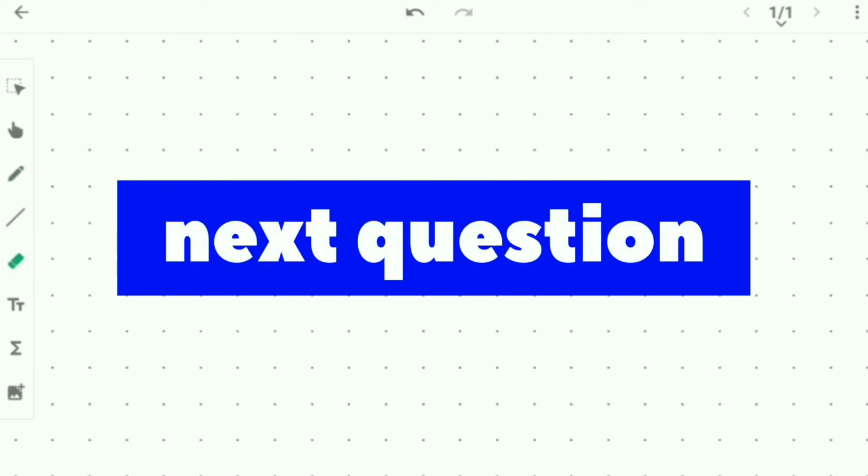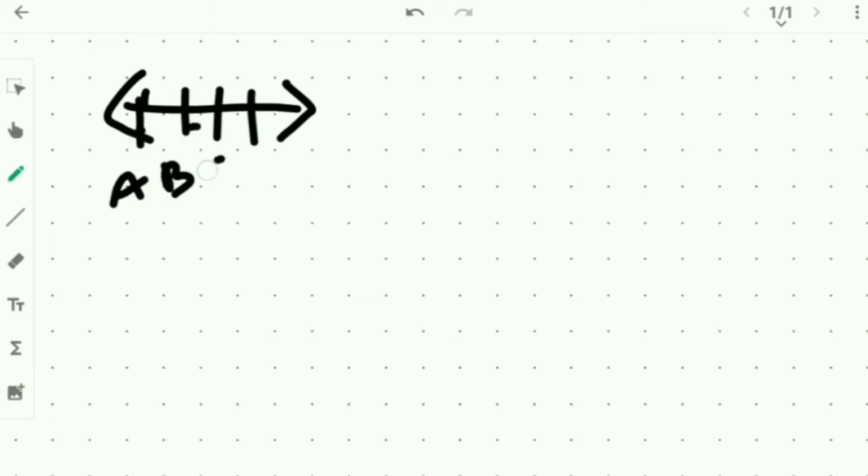Name the line given in all possible 12 ways choosing only 2 letters at a time from the 4 given. Okay. There is a line segment. Sorry, there is a line, not line segment. You have points A, B, C and D. Are 4 points.